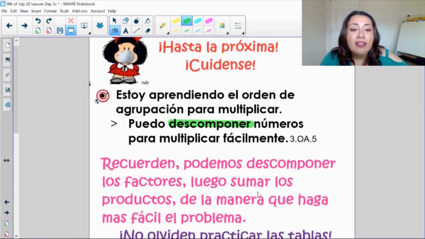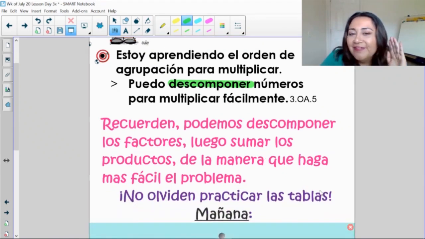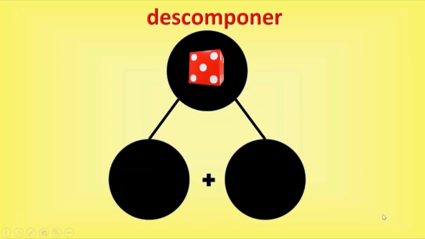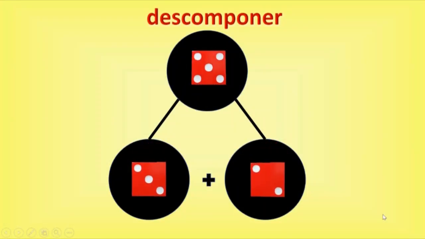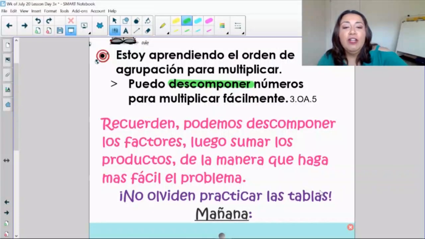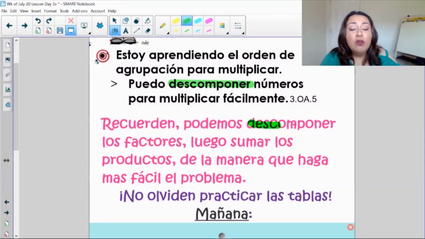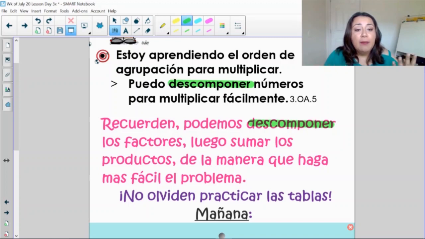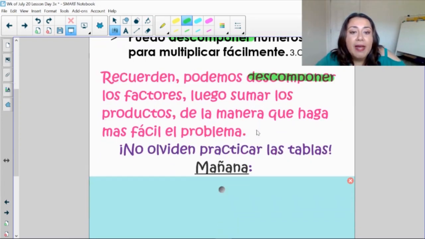Recuerden, podemos descomponer, separar en partes, los factores. Luego, sumar los productos de la manera que haga más fácil el problema. No olviden practicar sus tablas porque les estoy mostrando maneras de separar y mover los factores a su antojo, pero igual tenemos que practicarlas y saberlas de memoria.